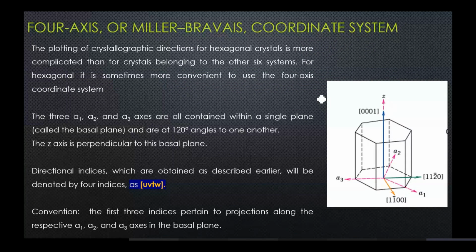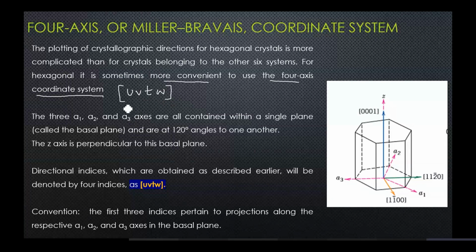Now in hexagonal crystal structure, there are two representations that are being followed. For hexagonal crystal system, it is more convenient to use 4-axis coordinate system. That means you would have 4 indices U, V, T, and W. This is one convention that is being used in hexagonal crystal structures, where A1, A2, and A3 are the axes on the basal plane.